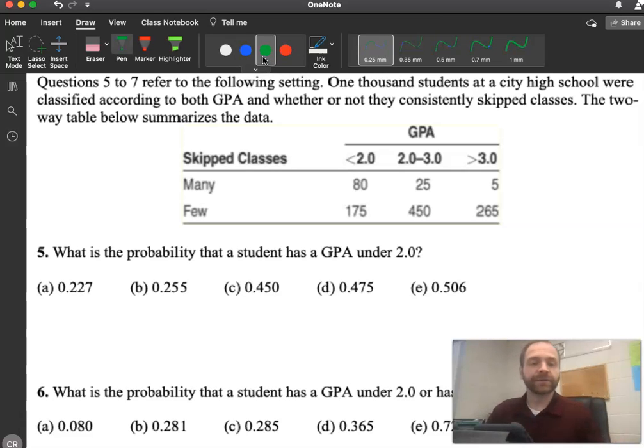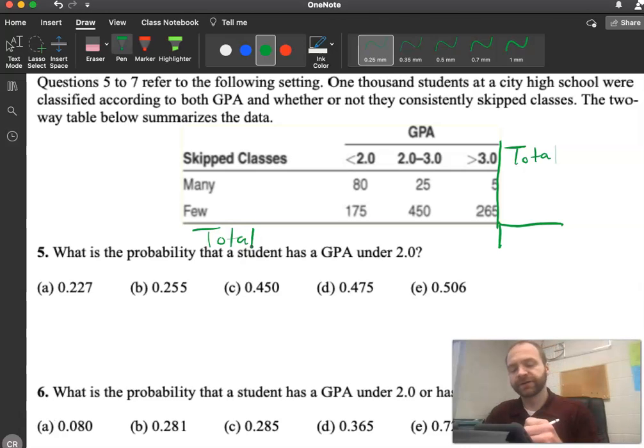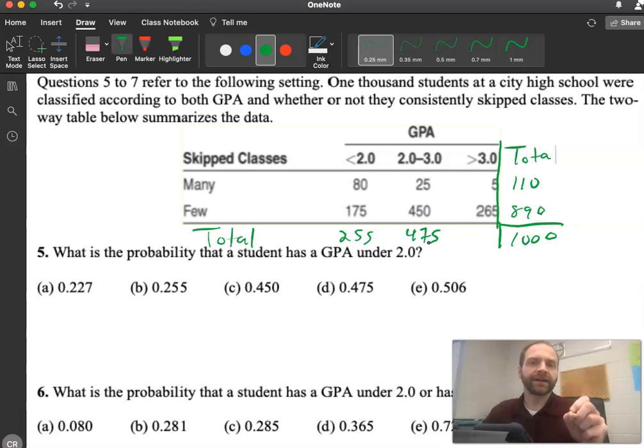I'm going to do a total column here, and a total row here. Alright, so I have 110 here, I have 890 here, and we were told 1,000. I have 255 here, I have 475 here, and 270 here.